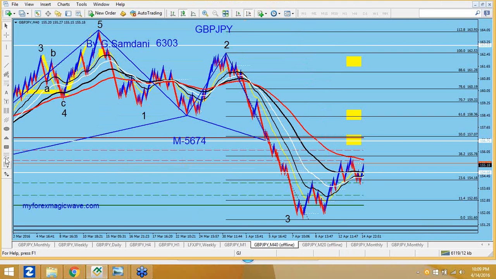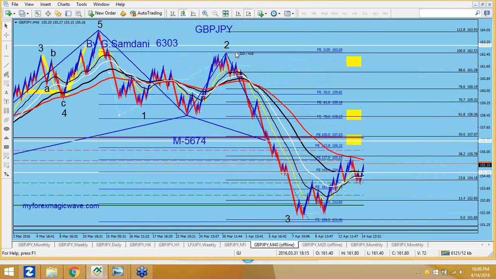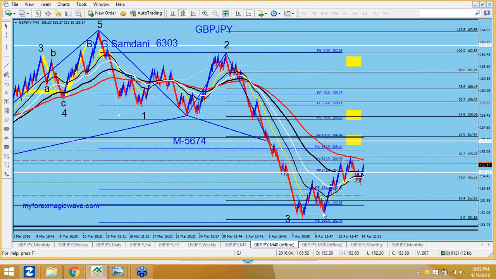But for wave 3 we need a 1.618 extension. Expansion actually. Okay, so if you measure that, what we got here is, this is 1.618, this is 1.78, and this is almost 200. So this is a big wave 3.